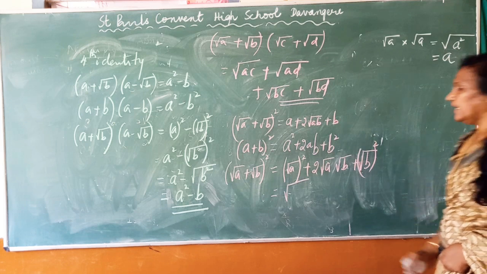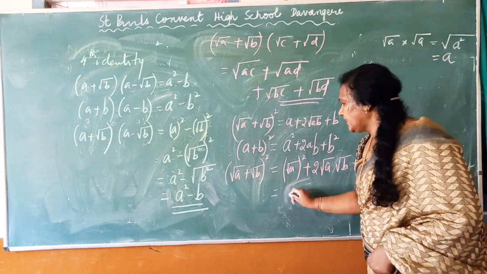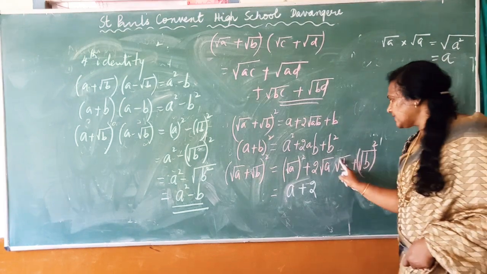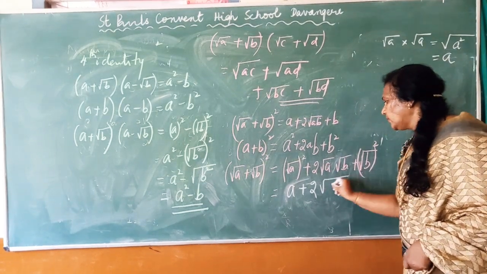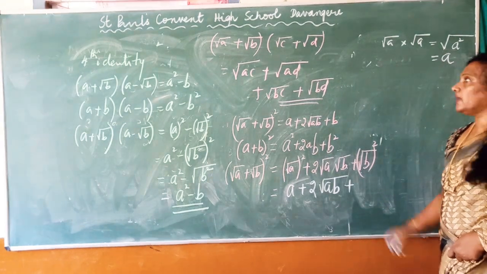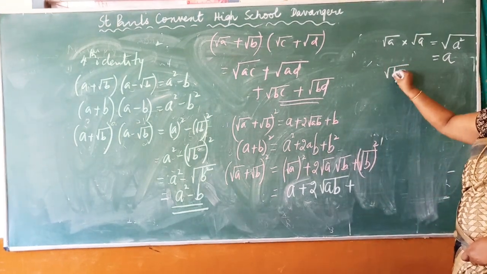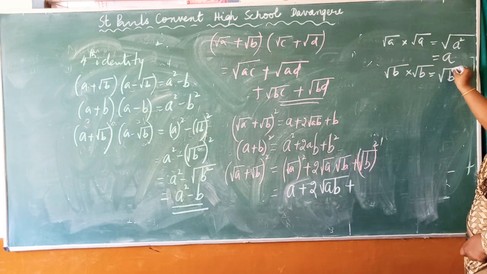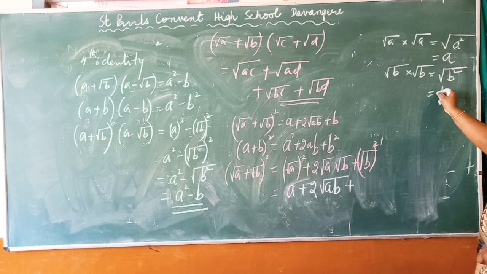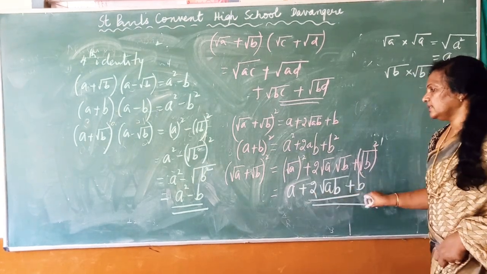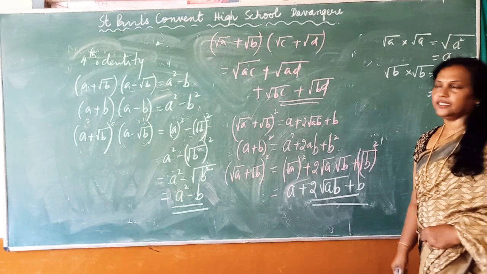What is the answer? It is a. So I can write here it as a. When the orders are same, you can multiply to root ab. Root b whole square means I can write it as root b into root b. That is nothing but b. This is the last identity.